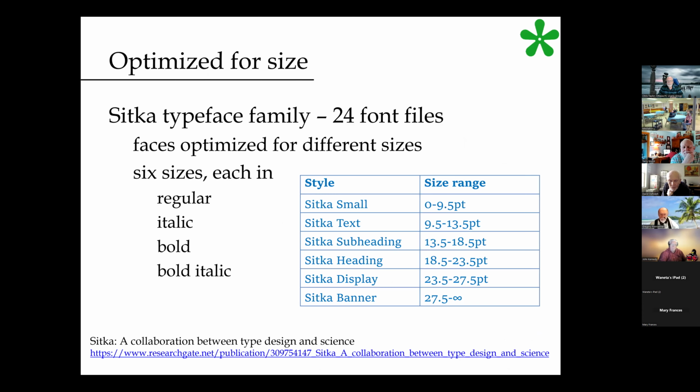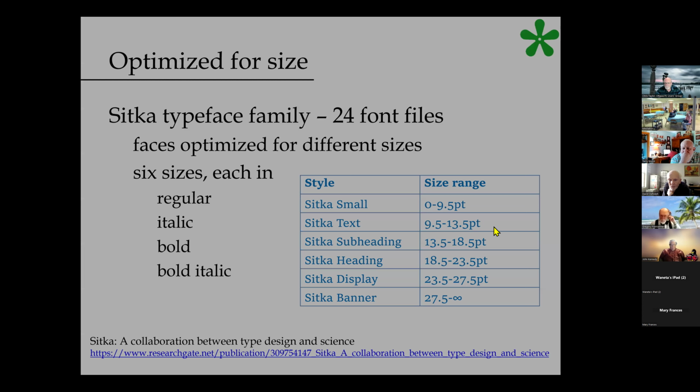This Sitka was an interesting family of fonts, and it was actually designed by computer, like very specific things where they optimized it for different sizes. So every one of the different sizes is subtly different, and it's made for readability at different sizes. So if you put in Sitka and you choose a font size that is, say, 9 point, you will get Sitka small.